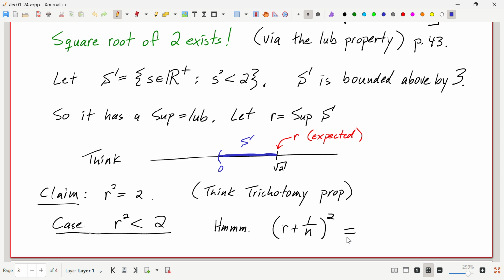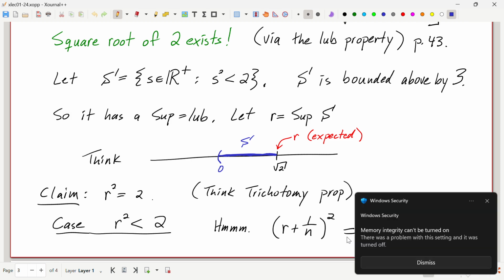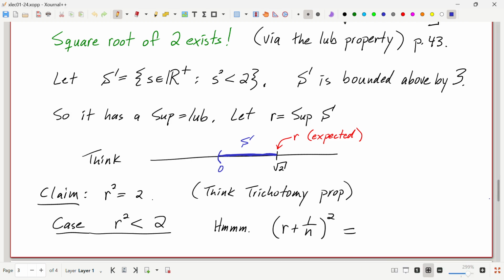So we take that set S of numbers whose square is less than 2, and we're expecting the square root of 2 to be its least upper bound. That's the plan.